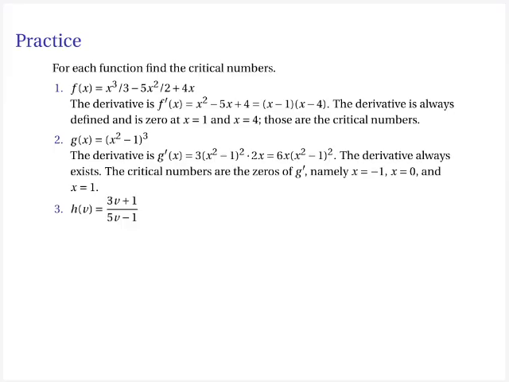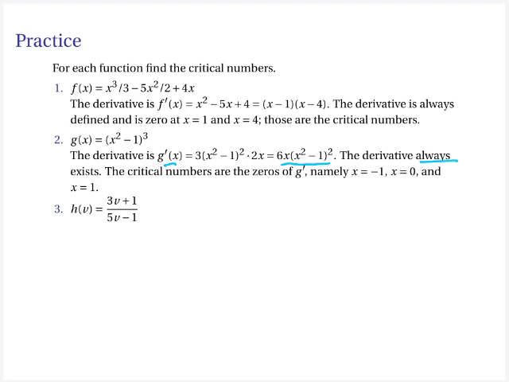Great. So same thing. I'm going to take the derivative and worry about where it is undefined and where it is equal to 0. So there's the derivative. G prime of x, when you end up multiplying the 3 and 2 together, you get 6x times x squared minus 1 quantity squared. So where is it undefined? Where is it equal to 0? Well, it's always defined.